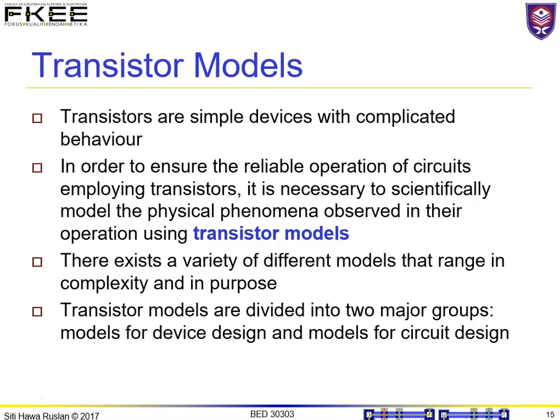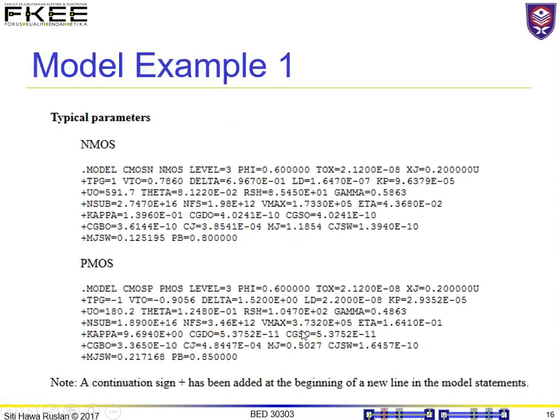For BJT, you have to do the modeling in the active region, saturation region, and cutoff. So that's why there exists a variety of different models that range in complexity to describe the behavior of your transistor. So this is one example of model NMOS.